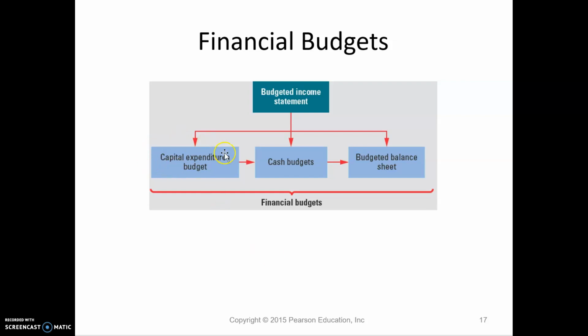Okay, we will be determining what we will be able to spend on capital expenditures. We'll be able to see how much cash we have based on the results of our budgeted income statement. We'll see the cash that is coming in through revenue, the cash that's going to go out for cash payments for manufacturing costs and period costs. And these will be used to prepare the budgeted balance sheet.